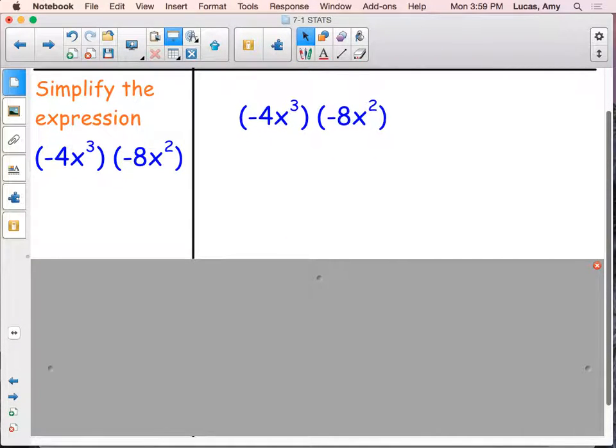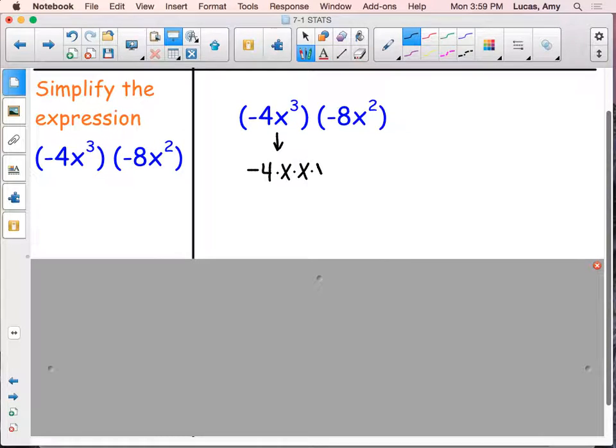So now we've got the product of powers. First I want to remind you that you could expand this to look like this. Negative 4x to the third means negative 4 times x times x times x. Negative 8x squared means negative 8 times x times x.